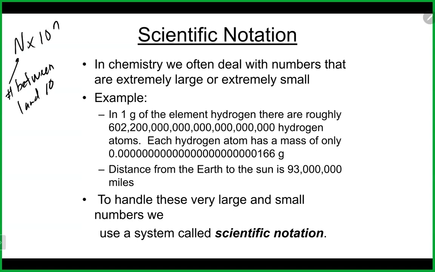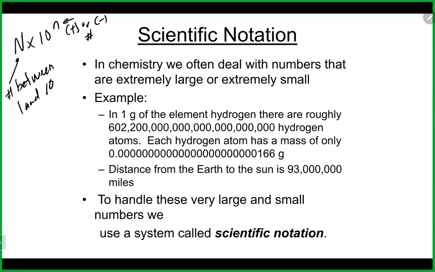It's not like point something. It needs to be a number between 1 and 10, but not 10. So before 10. And the next one is times 10 to this little n, which is a positive or negative number. And that really depends on which way you need to move the decimal place to get to a number between 1 and 10. So maybe sort of positive moving or negative moving.